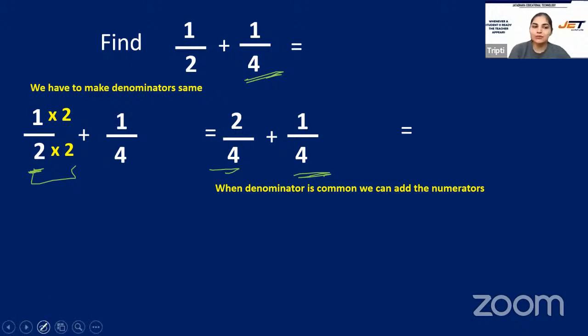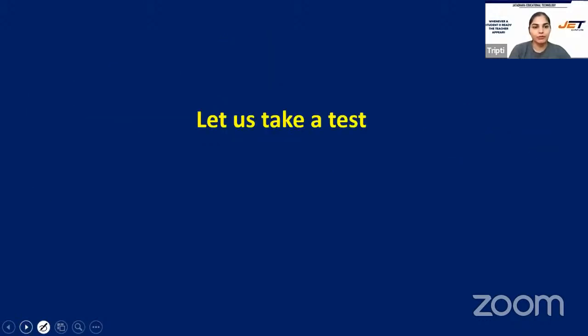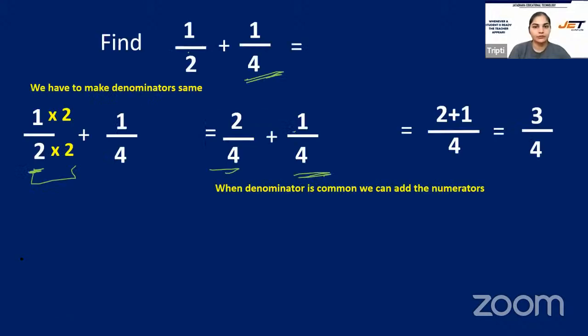So in both the ways, you can do it. 2 times 2 is 4, so I get the same denominator. So no need to multiply the second fraction. That is also one way. So 2 by 4, 1 by 4 as it is, 2 plus 1 is 3 and 4 in the denominator.